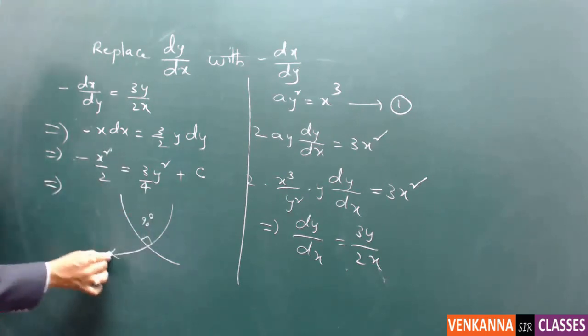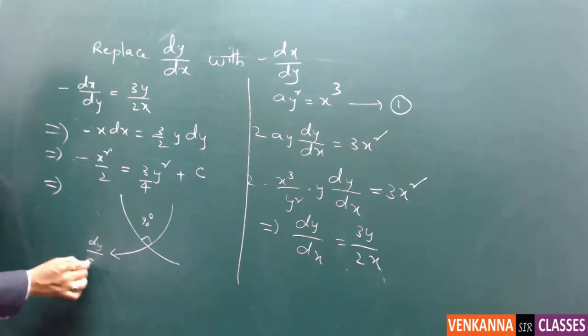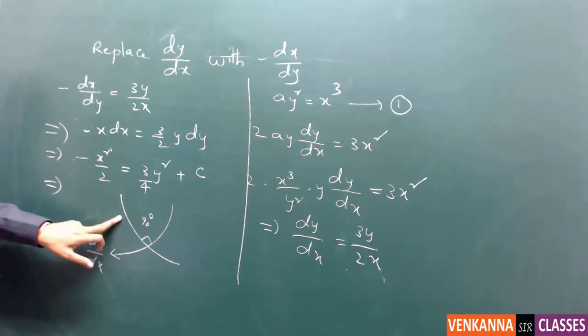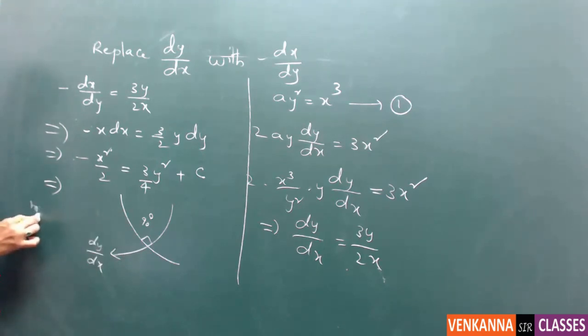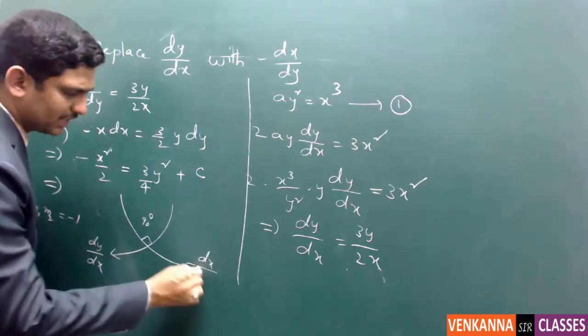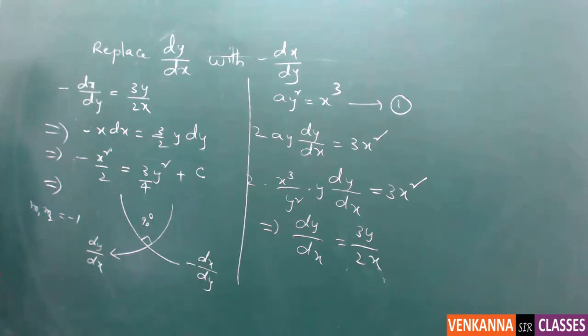So, if the slope of the curve is dy by dx, what will be its slope? Because the product of the slopes is equal to -1. So, its slope is nothing but minus dx by dy, because the differential gives the slope. Clear?